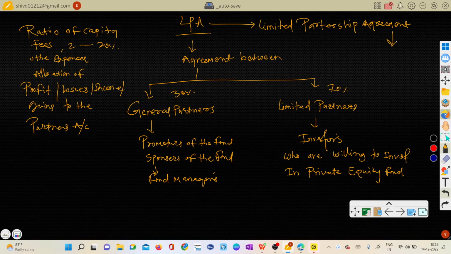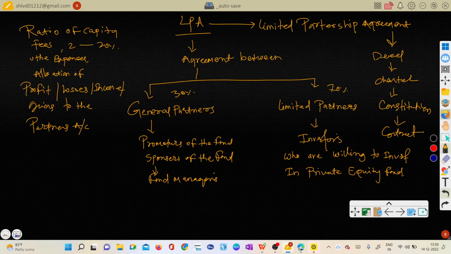This agreement you can call it a deed. The similar synonyms I'm giving to you, if you are not able to recall the name: charter, constitution, or contract.